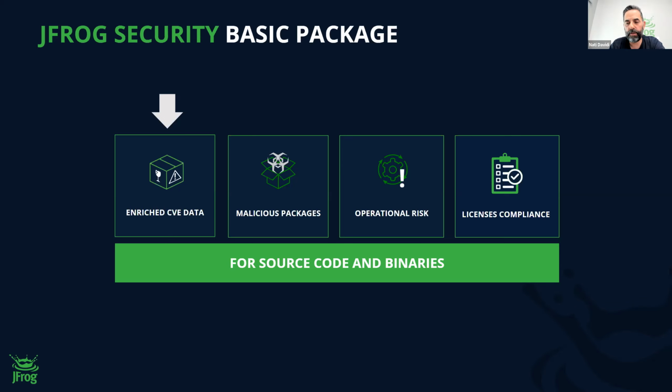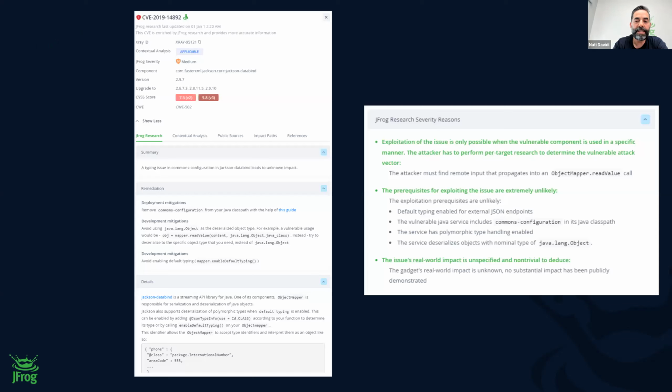And specifically for CVEs, in the basic package, we provide everything that Shachar just shared in an easy way to consume. When you look at a CVE, we always offer the same structure: the title and the CVE number, saying what it is, the regular CVSS scores, and then the JFrog security score, and all of the reasoning behind it, of why we think it's exploitable or not exploitable, and what prerequisites need to be fulfilled in order for the CVE to be exploited successfully.